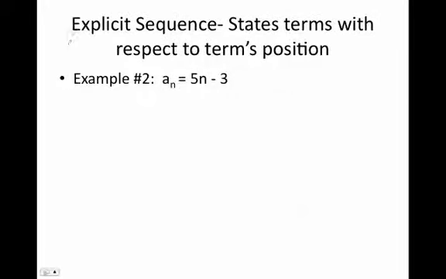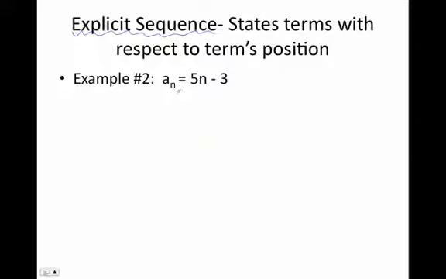All right. One more key vocab here is an explicit sequence. This is going to state terms. It's a way of notating so that you state the terms with respect to the term's position. So it's like what we've been dealing with in the last 2 slides. So here's another one. This is number 2 from your homework.